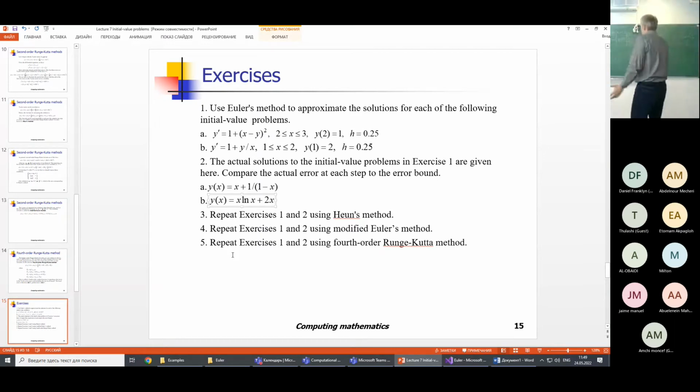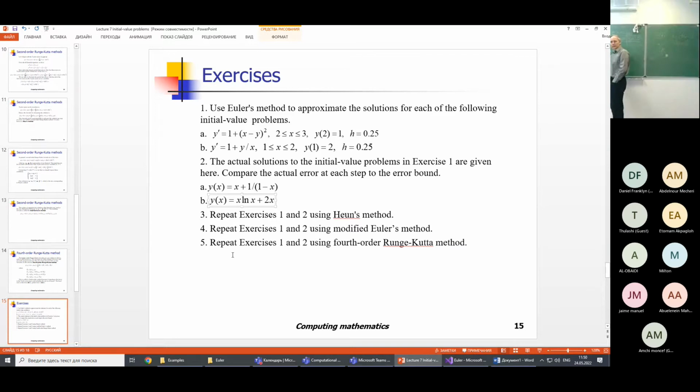This is the formula, just substitute here 1. This is the formula, the real solution. x0 equals to 1. 1 logarithm 1 plus 2.